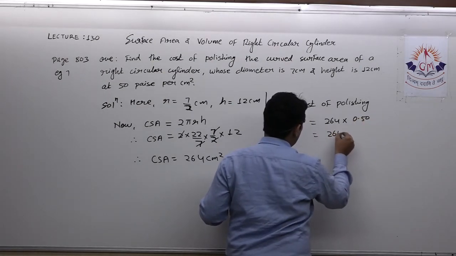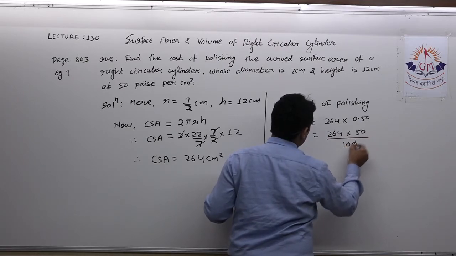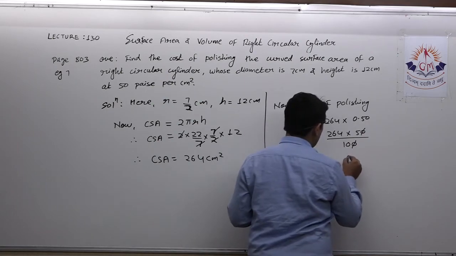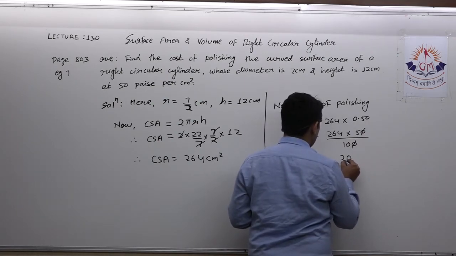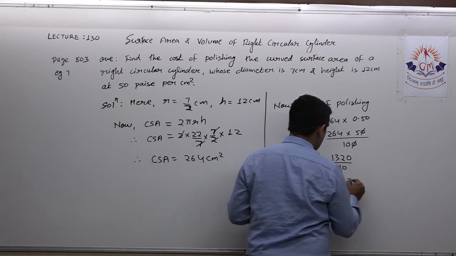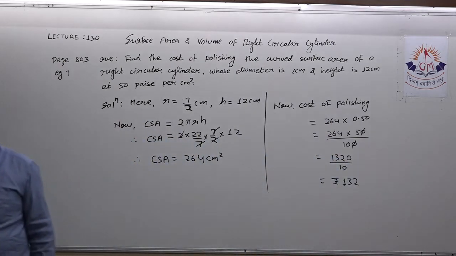So 264 multiplied by 50 upon 100. I can cancel this 0. Now 1320 upon 10, that is rupees 132. Okay, so that is the final answer. Please note it down, then we'll see the next question.